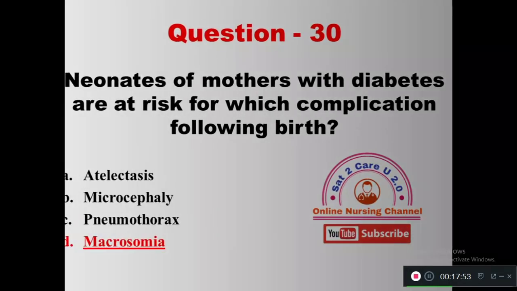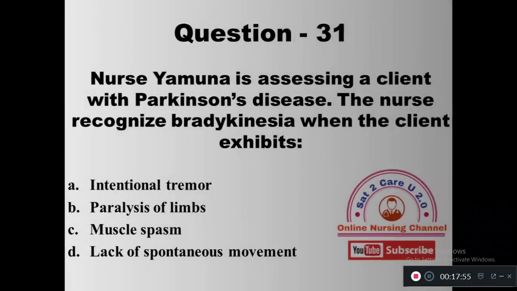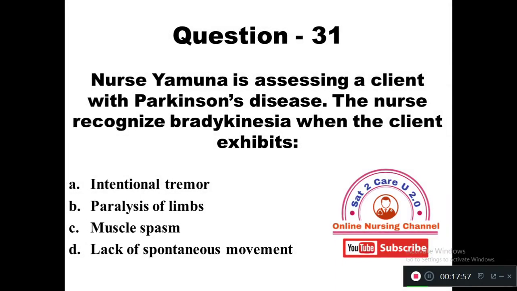Question number 31. Nurse Yamuna is assessing a client with Parkinson's disease. The nurse recognizes bradykinesia when the client exhibits option A, intentional tremor, B, paralysis of limbs, C, muscle spasm, option D, lack of spontaneous movement.